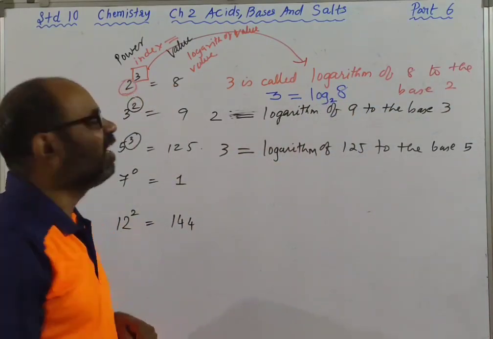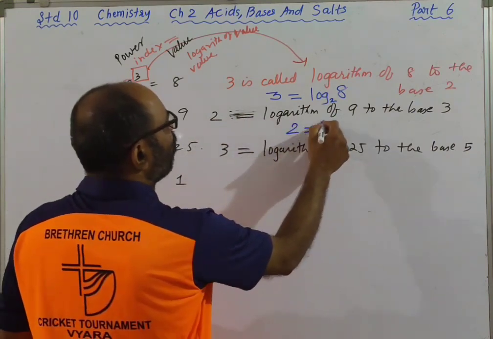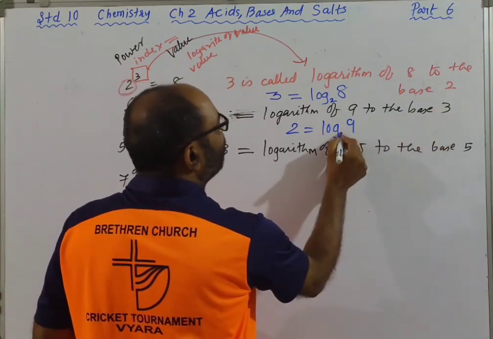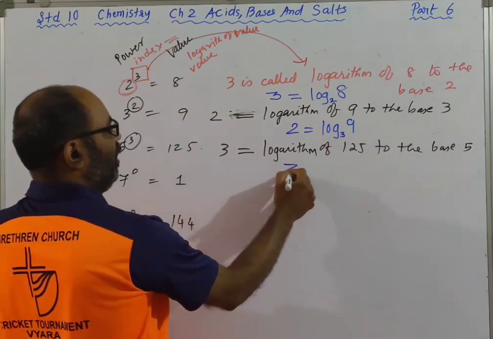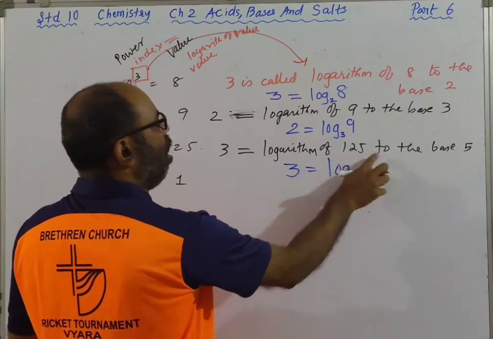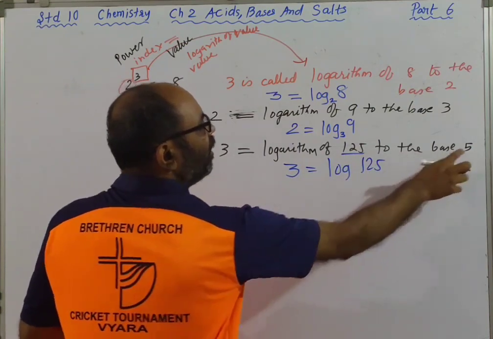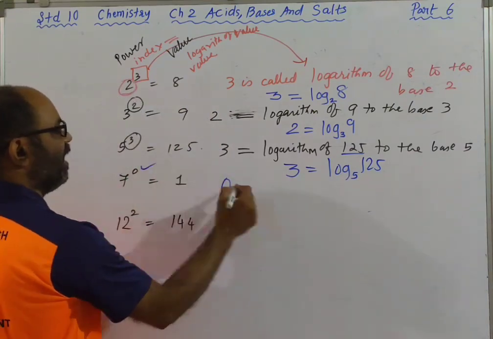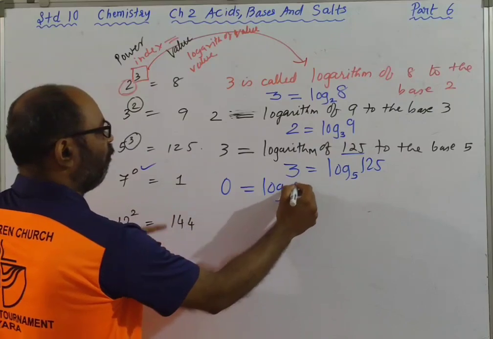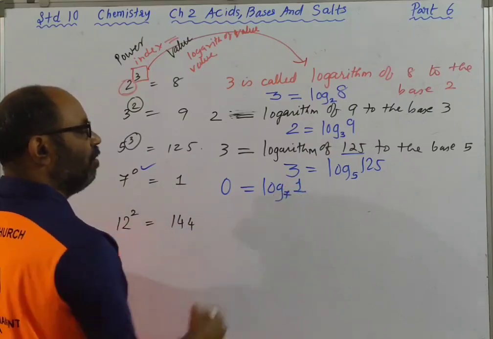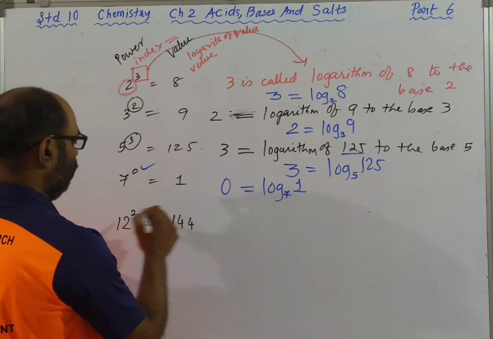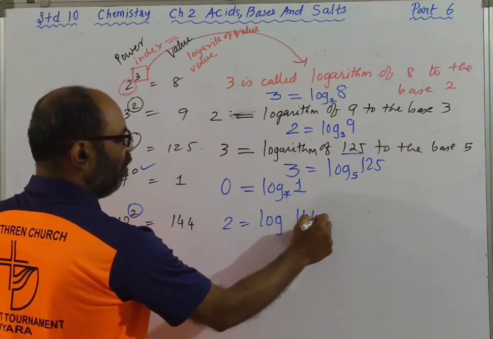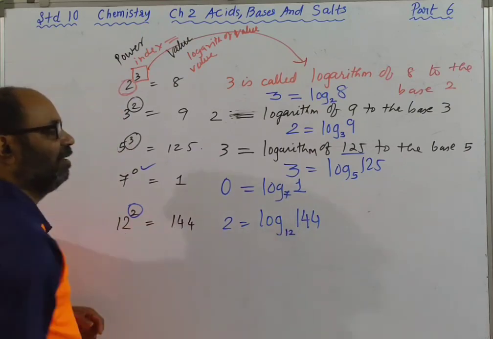This is how we write symbolically. 2 is equal to log of 9, leave a little gap here, to the base 3 in subscript. 3 is equal to log of 125 to the base 5. So here 0, that is the index, is equal to log of 1 to the base 7. Here 2 is equal to logarithm of 144 to the base 12.